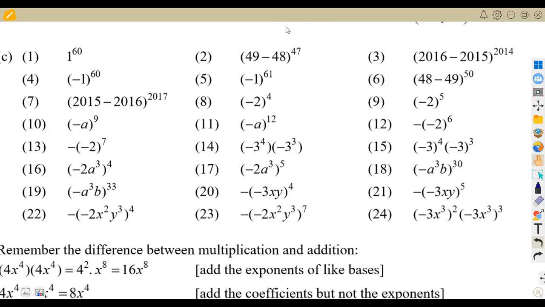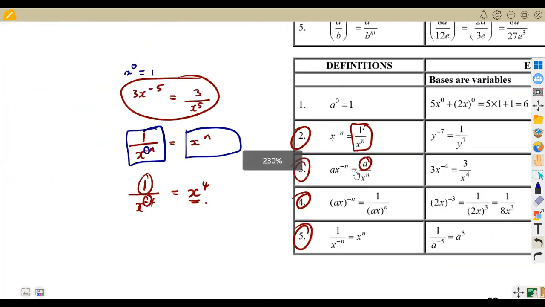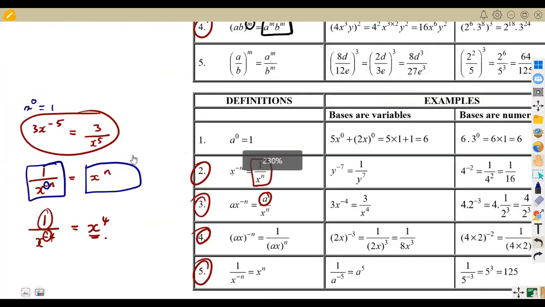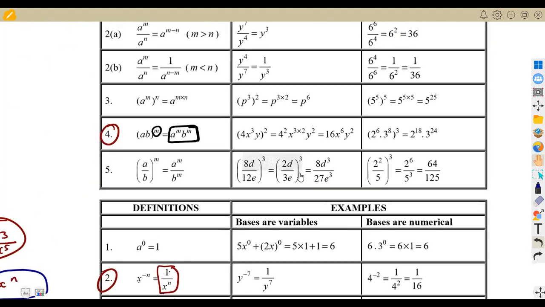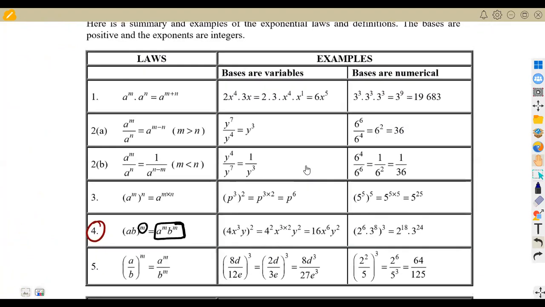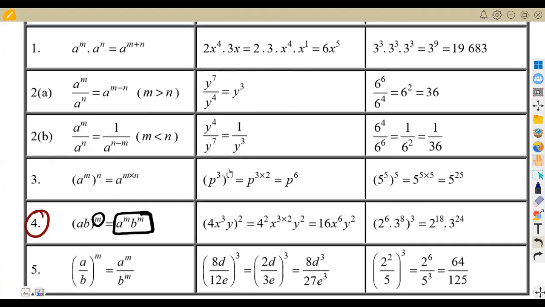So just go through the introduction part, go through your laws and rules, your definitions, whatever you have from your grade 9. Those notes that you were using in grade 9, don't throw them away. They are still very, very applicable to your exponents. They play a major role in your exponents.